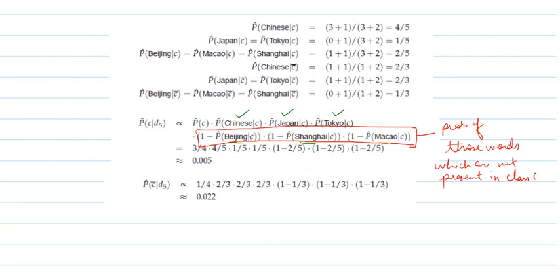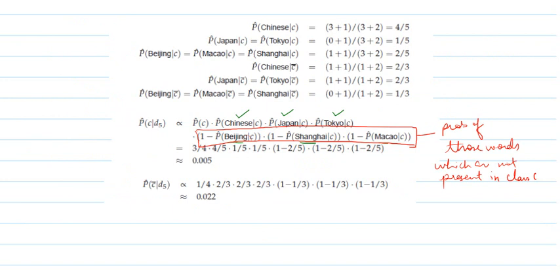So when the document is too long, the problem will be that the probability for a single count of Chinese and the probability for a large count of Chinese will be the same.